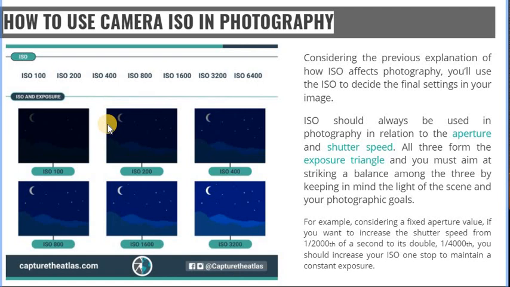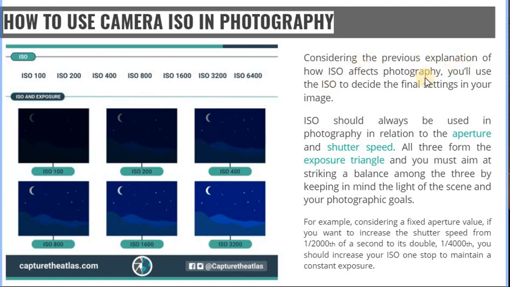Pero kapag gabi, anong mangyayari? Kailangan, dahil kulang nga ang light mo, anong gagawin mo? Kailangan ang ISO mo mas mataas. Nakikita nyo ba yung picture? Tignan nyo, gabi. Para makuha naman ng maliwanag yan or clear, kailangan ang ISO mo mas mataas.